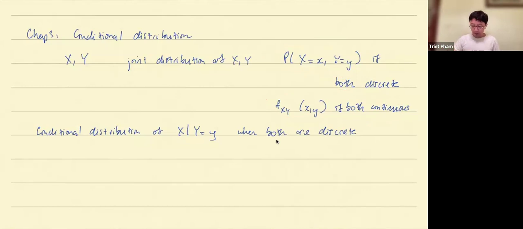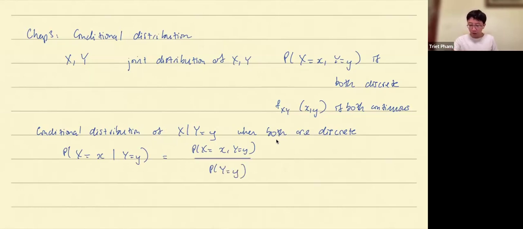So here, if both are discrete, then basically we are just looking at something like this: probability x equals little x given y equals little y, which by definition will be the joint divided by probability y equals little y.